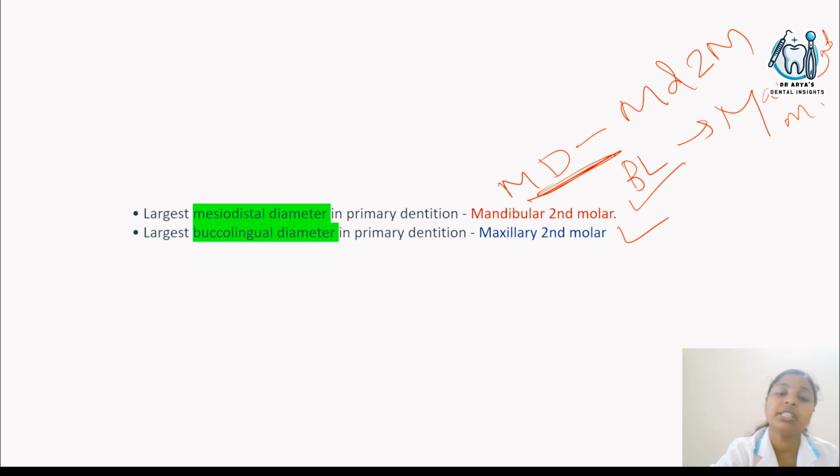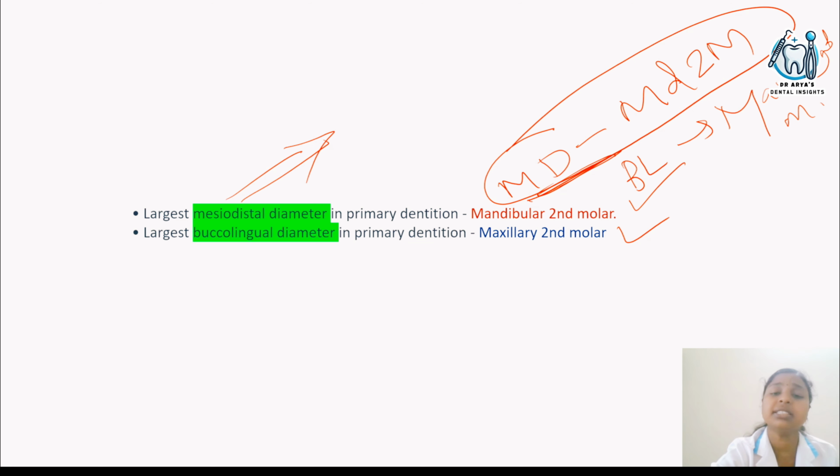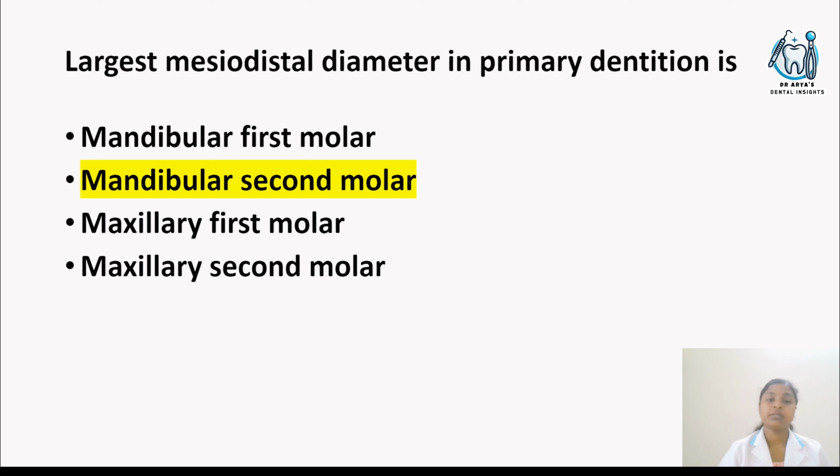The mnemonic is MD for MD, that is, mesiodistal diameter is largest for the mandibular second molar. So the answer for this one is the mandibular second molar.